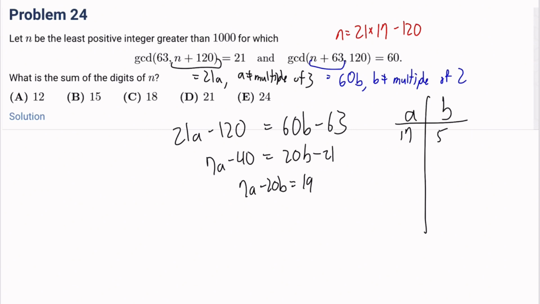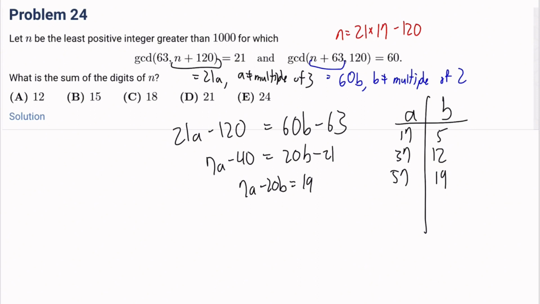And so that will give us 37 and 12. If we check the conditions, sadly b is a multiple of 2, but b cannot be a multiple of 2, so that's not a consideration. And the next, plus 20 plus 7, gives us 57 and 19.